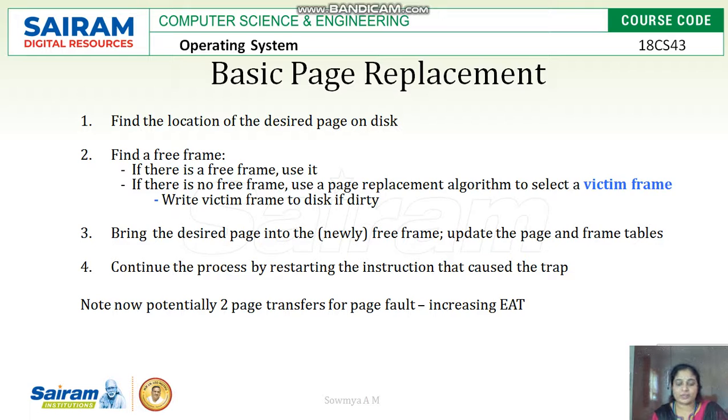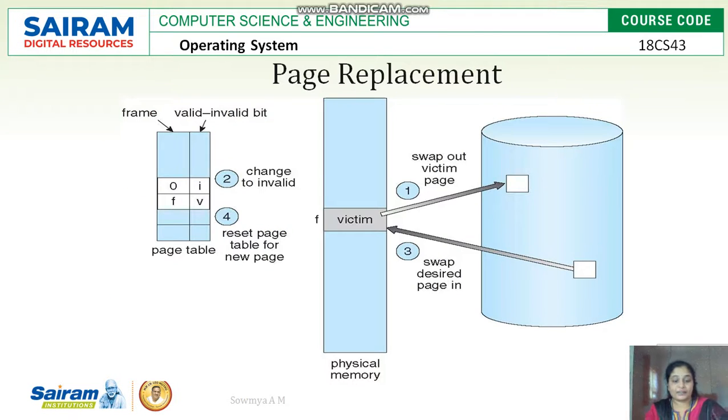Then copy the requested page from the secondary disk to main memory, bringing the desired page into the newly freed frame. Update the page and the page table. The page is copied and the page table is updated. Continue the process by restarting the instruction that caused the trap. Okay, so this is how it works.